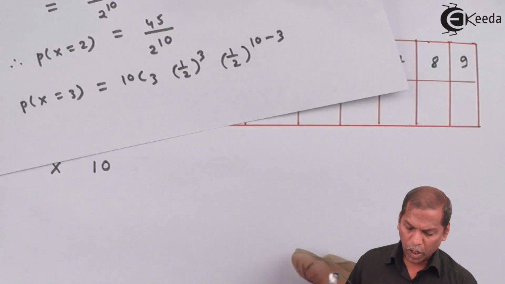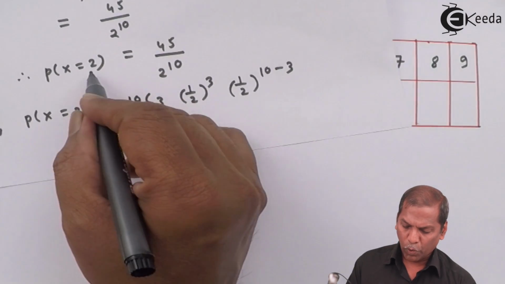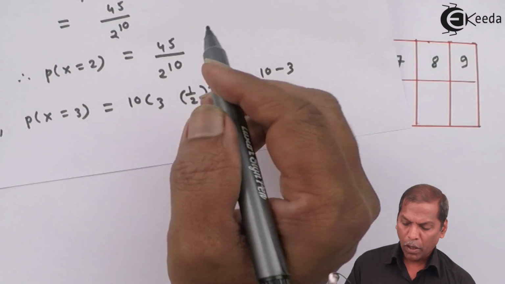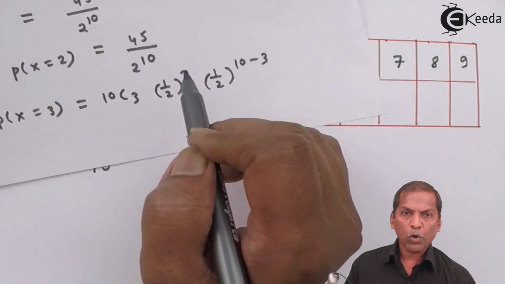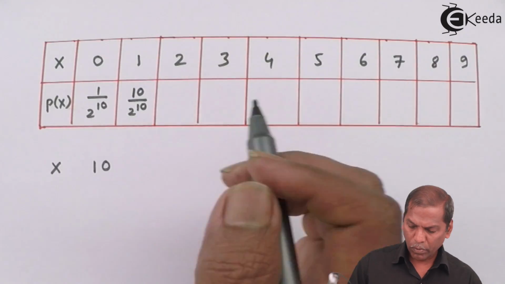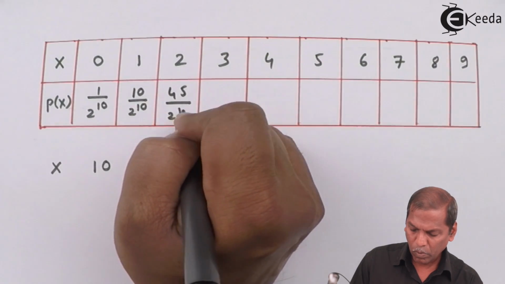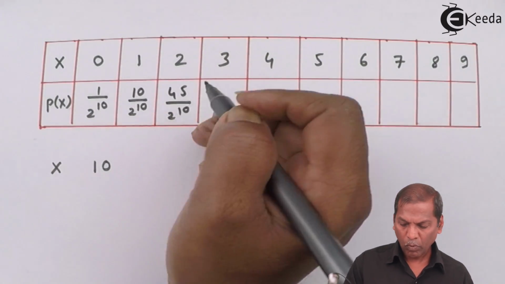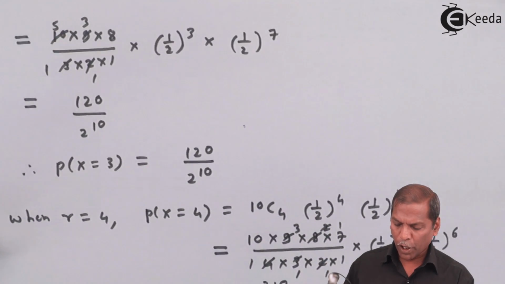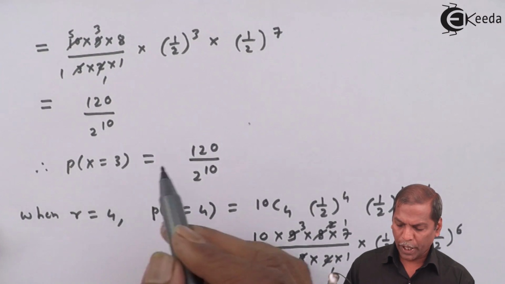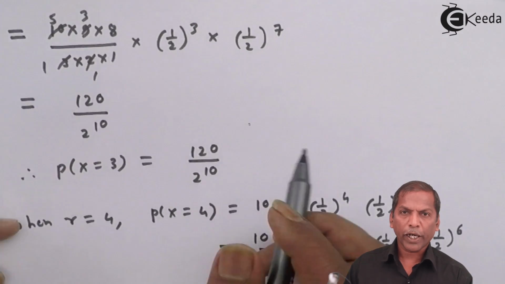Then when x is equal to 2, we have probability 45 upon 2 raised 10. For x equal to 3, we have probability 120 upon 2 raised 10.